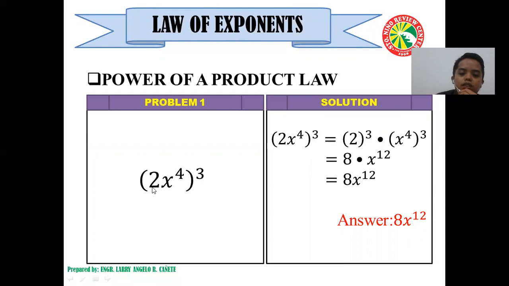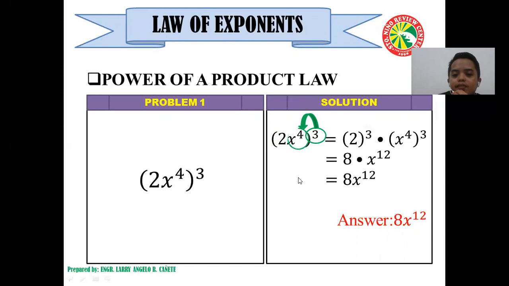This is 2, so the cube would be distributed to the inside. So 2 raised to 3. And x to the 4, this 3 also is distributed to x to the 4. So this is x to the 4 raised to cube. So it is being distributed to the inside.